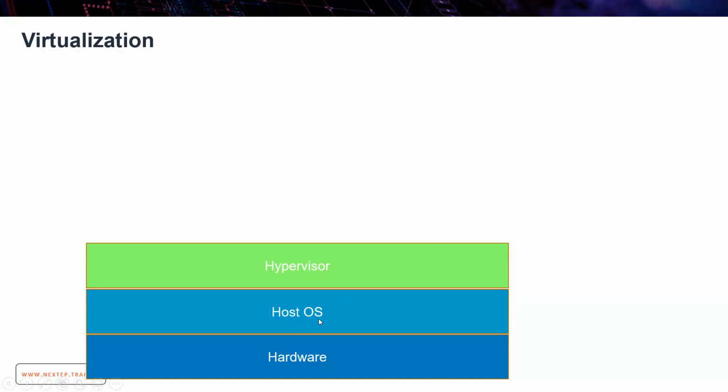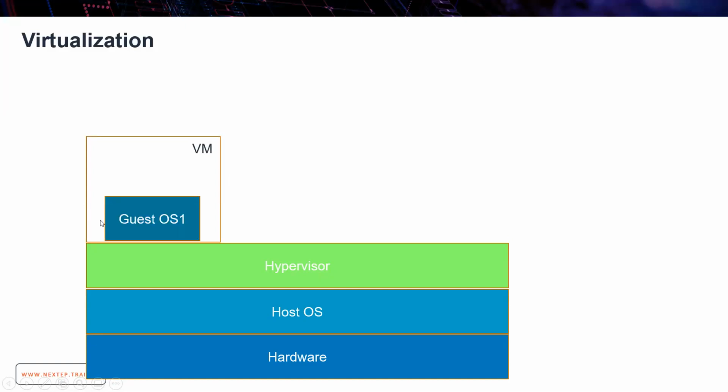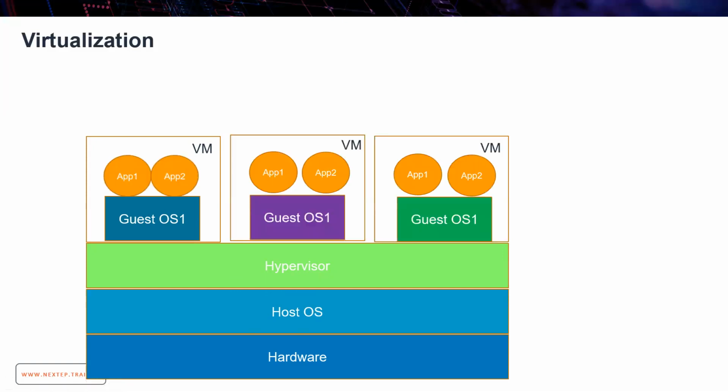So Mac acting as a host OS, let's say if they want to install Windows on Mac, then obviously they'll go with either VirtualBox, or Mac has its own native support. They have their own mechanism. That's also a hypervisor. And then install your virtual machine on top of it. And each virtual machine will have its own operating system that could be completely different from your host OS. Make sense?